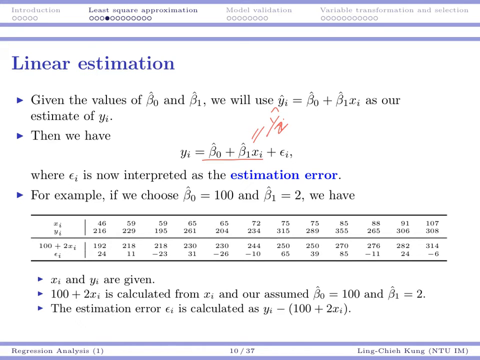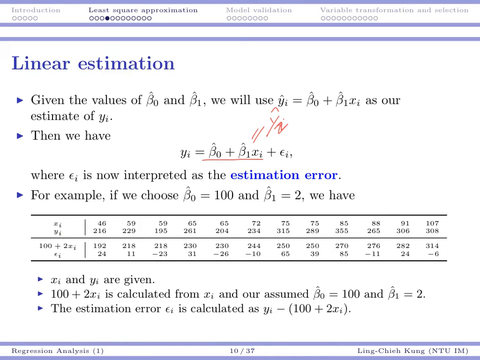For example, suppose someone suggests that beta 0 is 100 and beta 1 is 2. Then this gives us a formula. So for each xi, in this sample data, I can plug in xi to calculate 100 plus 2xi.